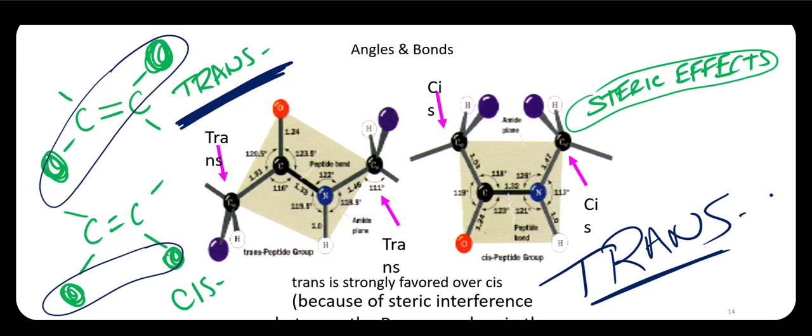There's one exception to trans being the favored configuration, and that exception is fatty acids. In a fatty acid, the cis configuration is the one we want. And this is where my organic chemist will say, oh, whoa, no, hang on. I don't like cis.